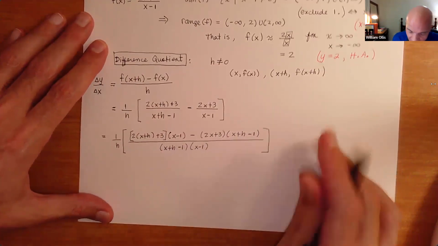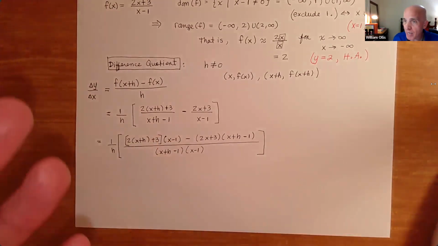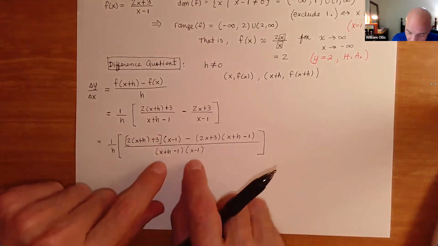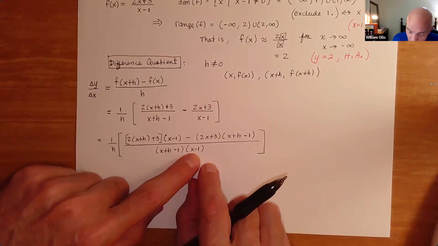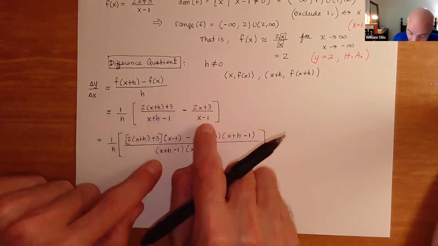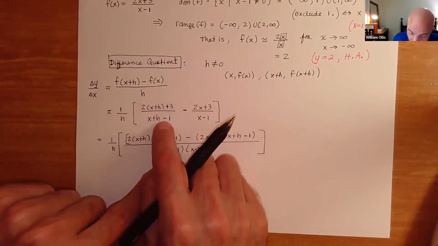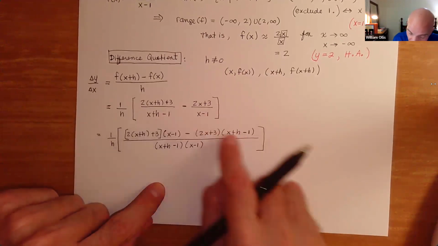So again, just like doing the least common denominator in our equations, when we clear the denominators, the common denominator is x plus h minus 1 times x minus 1. And that, again, we must multiply this numerator by this denominator since it's not here. And we must multiply this numerator, retaining the minus sign, by this denominator.